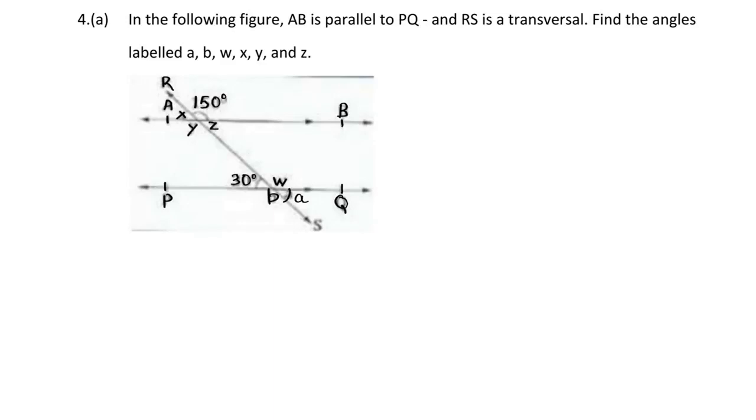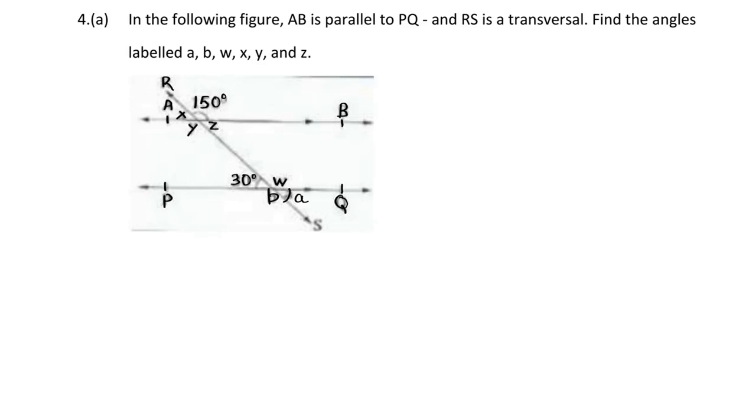Question number 4, part A. In the following figure, AB is parallel to PQ and RS is transversal. Find the angles labeled A, B, W, X, Y, and Z. Okay, so we've been given a figure there. This is a geometry problem.